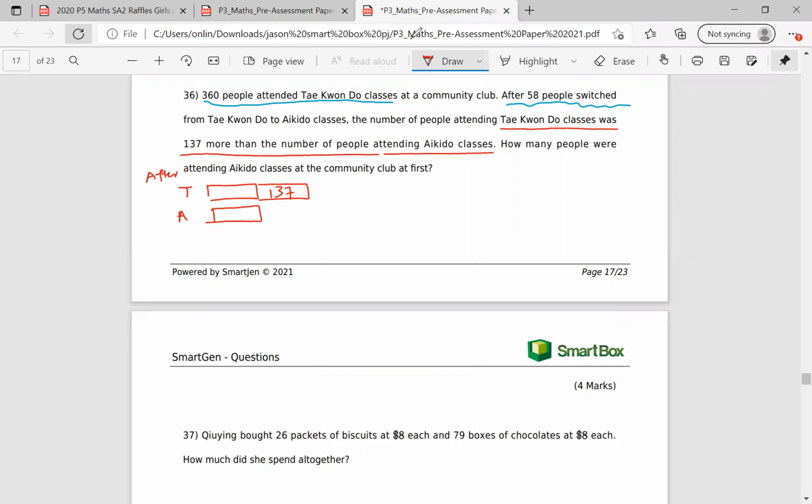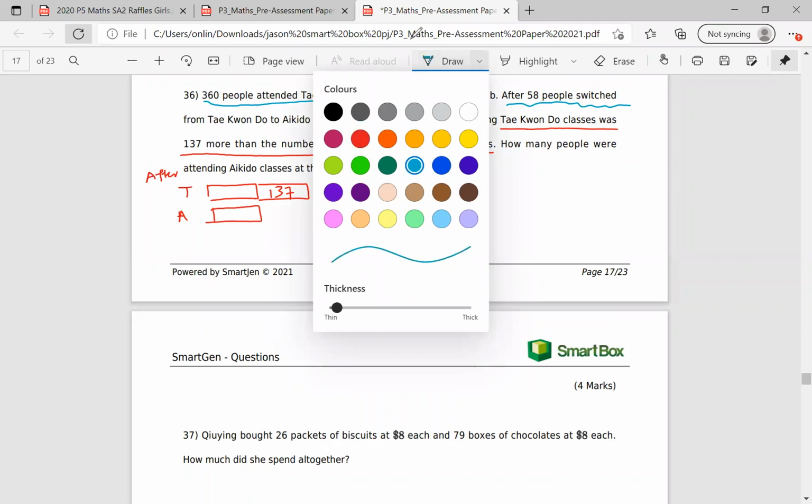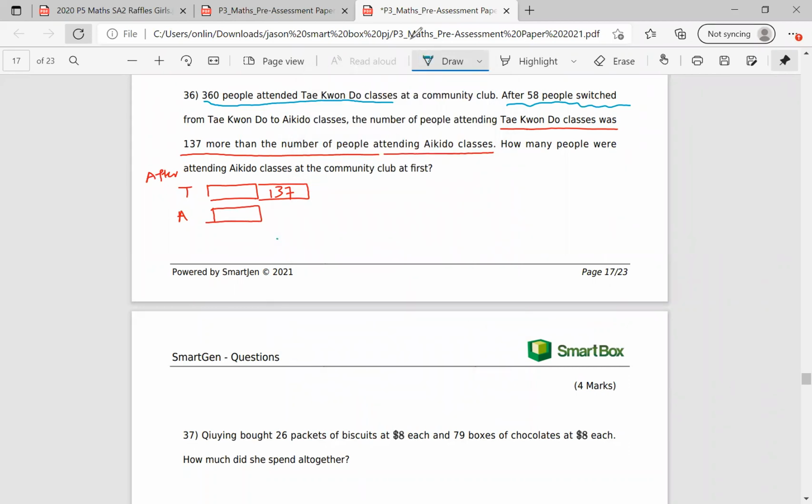If you want to go back to before, how do we go back to before? Before means before this thing happened, which is the one that I'm thickening here, before the switch for 58 people switching from Taekwondo to Aikido class. So before, the Taekwondo class should have more by 58, and then my Aikido class here should be less by 58 here. So correct or not?